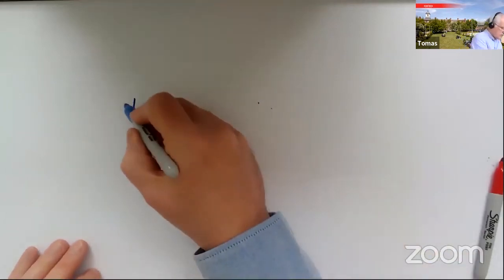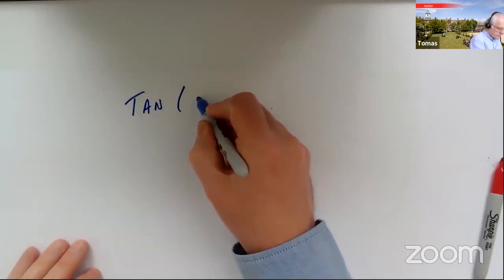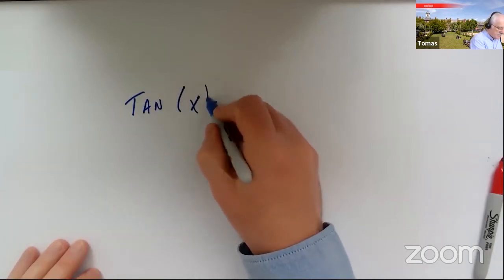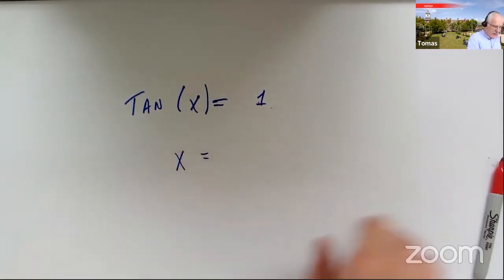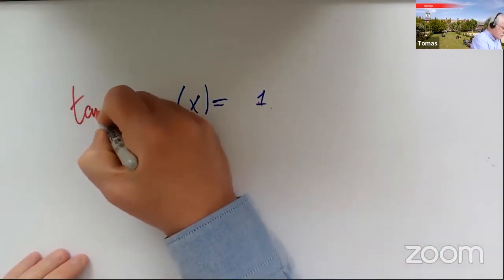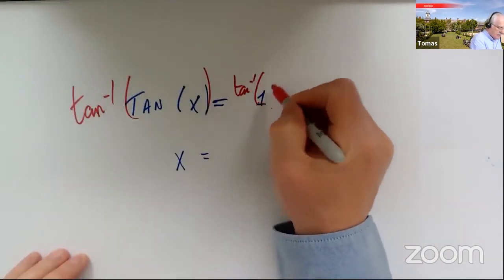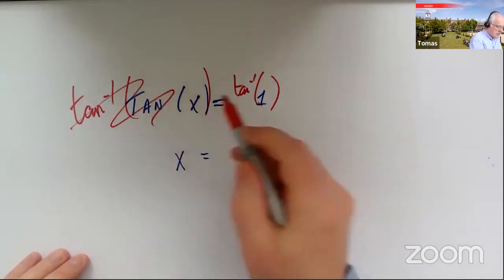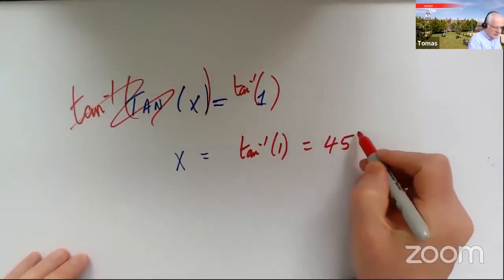And similarly, if somebody said to you, tan of x is 1, what's x? Again, you would just say inverse tan, x is equal to inverse tan 1, or 45 degrees.